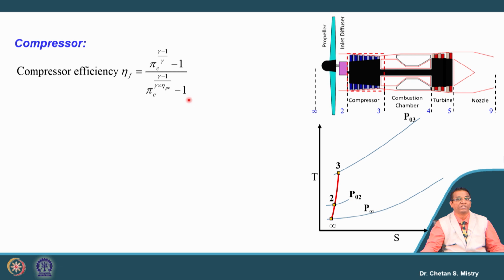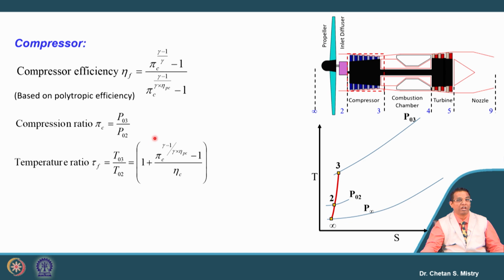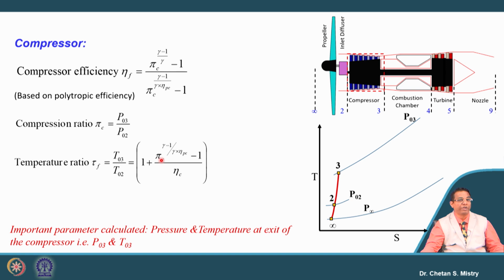The efficiency we are representing in terms of pressure ratio and polytropic efficiency. We can calculate the outlet pressure from the compressor by using the temperature ratio correlation, in terms of both efficiency as well as compression ratio. We are able to calculate the exit pressure and exit temperature from the compressor.